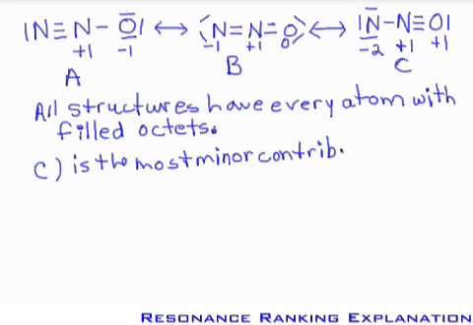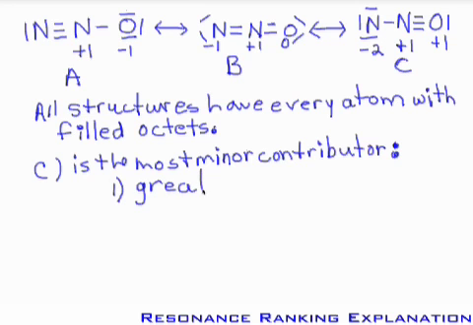Why? Well, there are a lot of reasons we can mention here. It's the most minor contributor. Why? Well, one, the most important reason is it has greater charge separation.